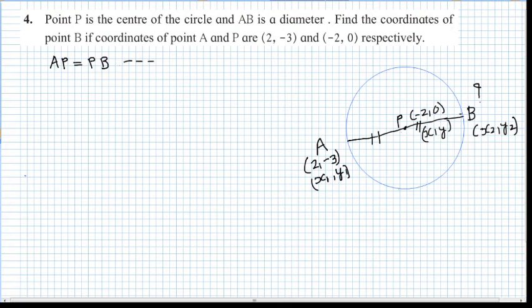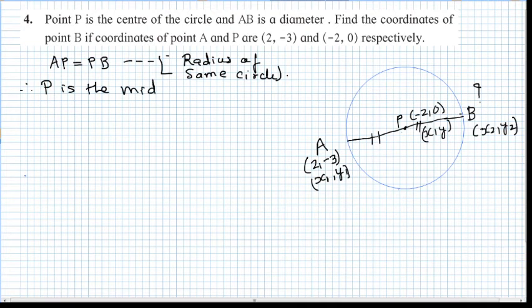Why can I say that? Very simple. They are radii of the same circle. Now if AP is equal to PB, can I say that P is the midpoint of which segment? Midpoint of AB.